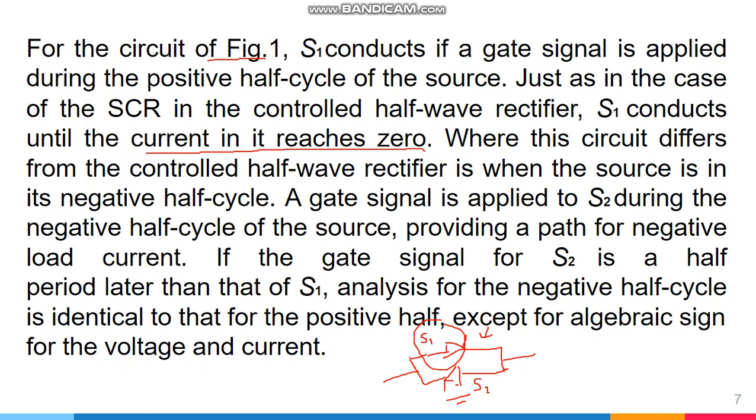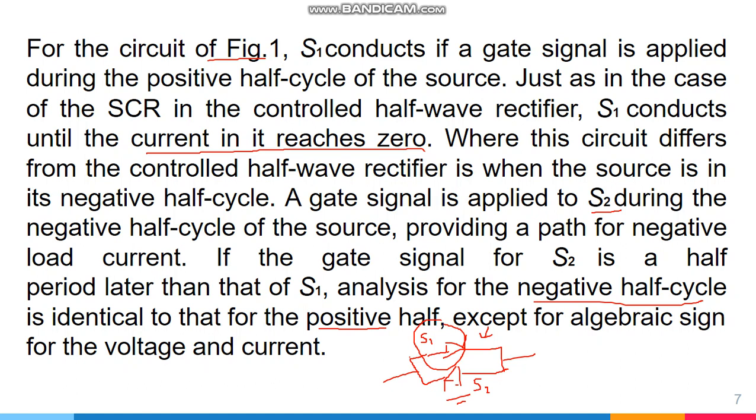A gate signal is applied to S2 during the negative half cycle of the source, providing a path for the negative load current. If the gate signal for S2 is a half period later than that of S1, the analysis for the negative half cycle is identical to that of the positive half cycle, except for the algebraic sign of the voltage and current.